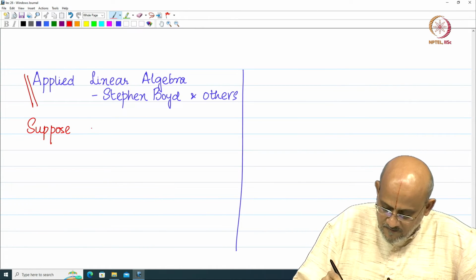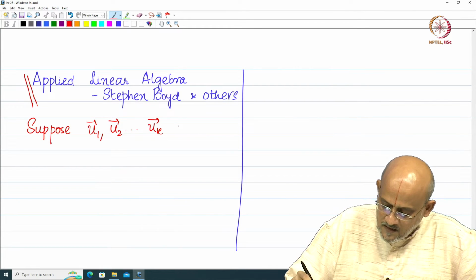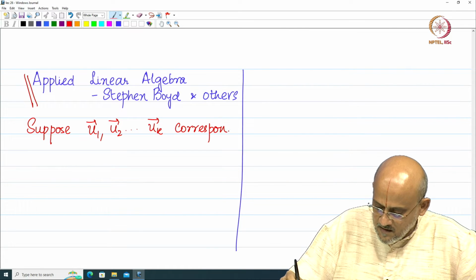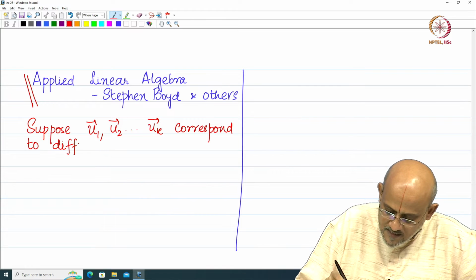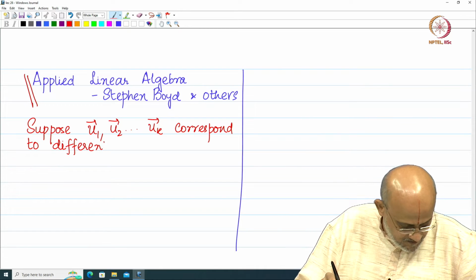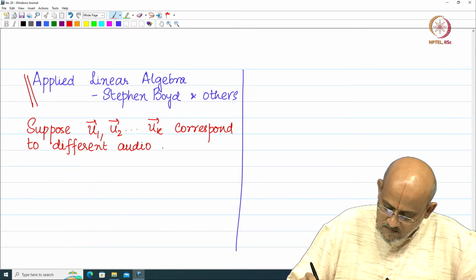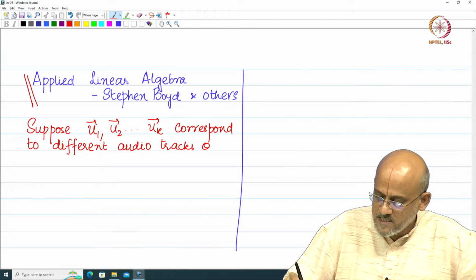Suppose u1, u2, etc. uk correspond to different audio tracks taken over the same period of time.